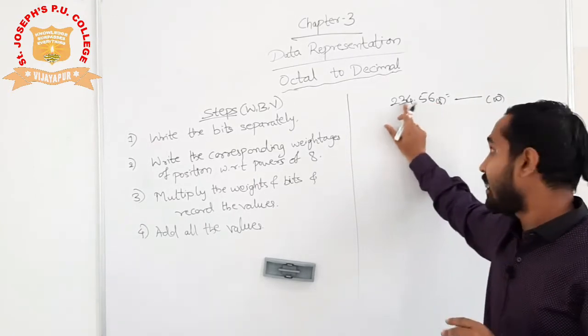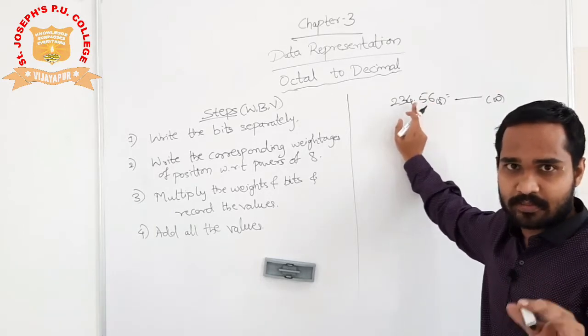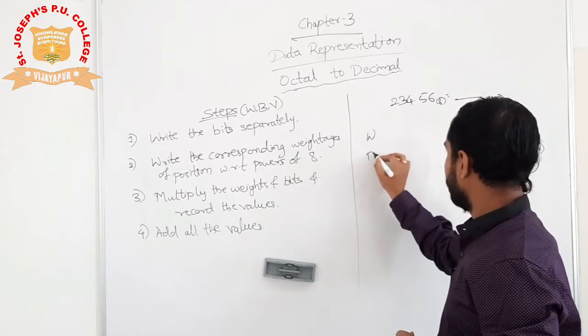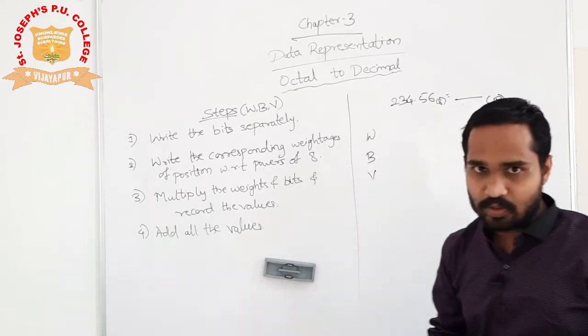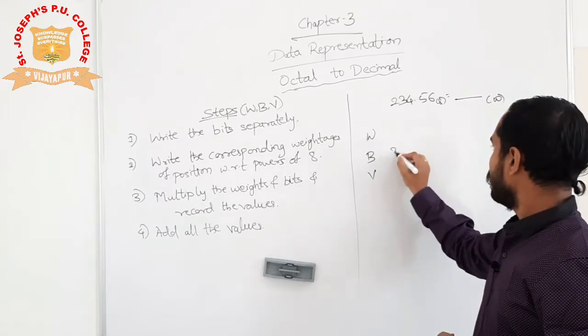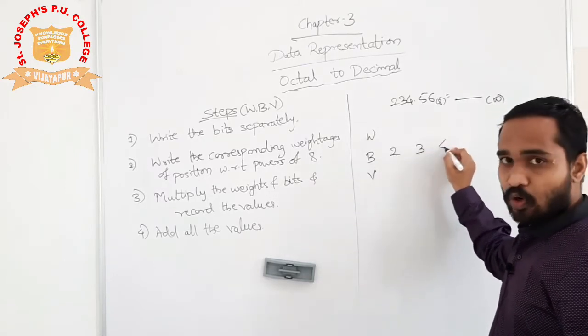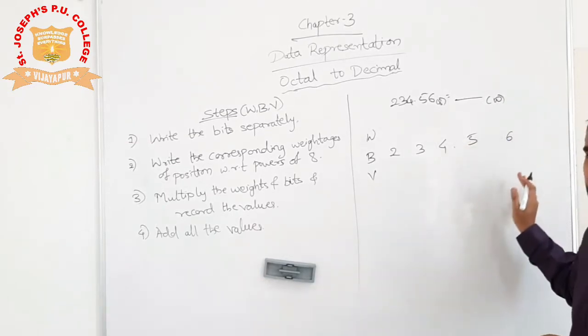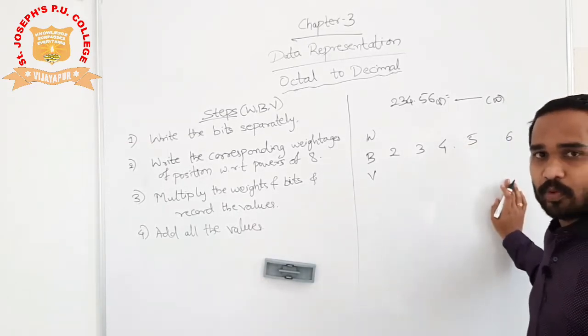Okay, 8 or 9 should not come in this. Correct? Fine. So weights, bits and values. Am I right? So the bits you have to write: 234.56. Is this clear?